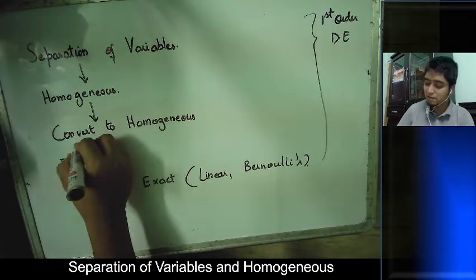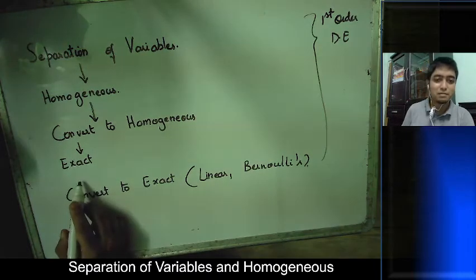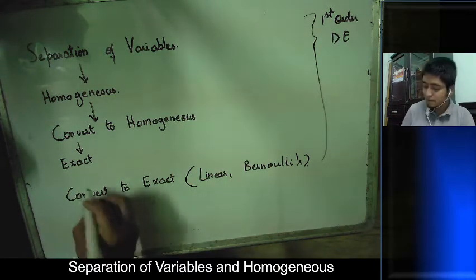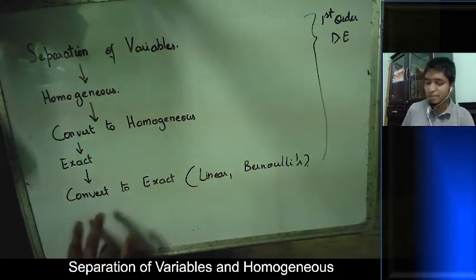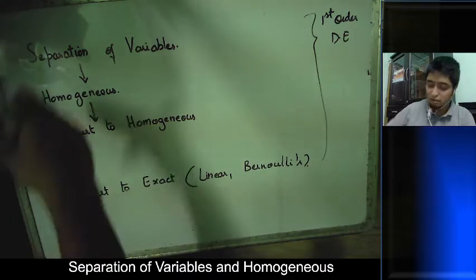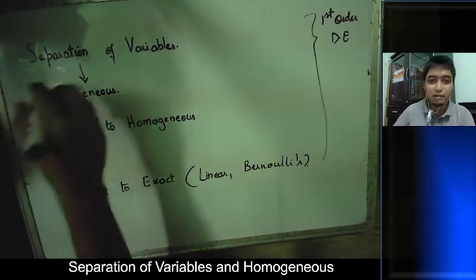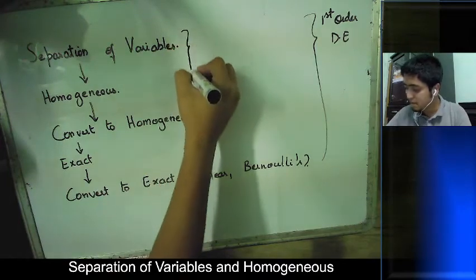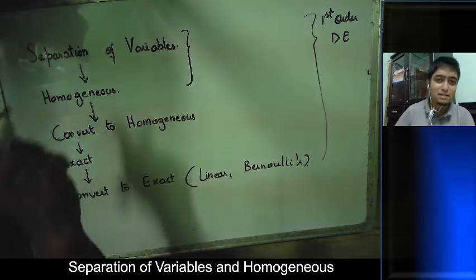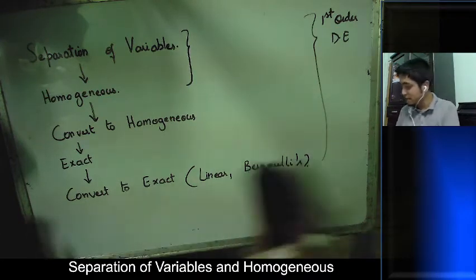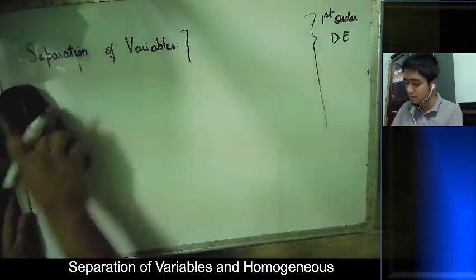Again, if that doesn't work, we will check whether the differential equation is exact or not. And if that doesn't work, we will convert it into exact. All these things we will learn in this semester, but for today, we will restrict ourselves to these two very basic methods: separation of variables and homogeneous method of solving a first order differential equation.